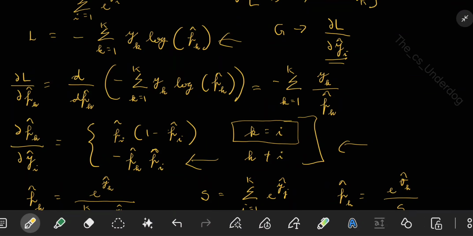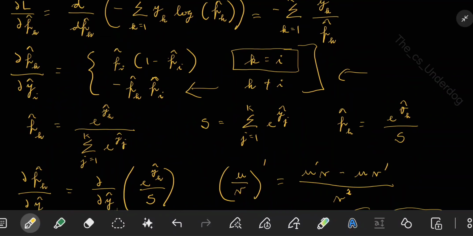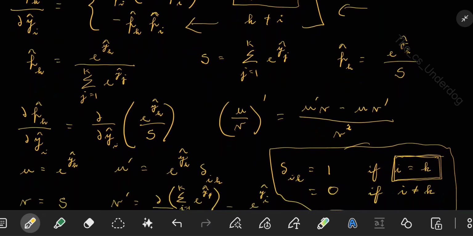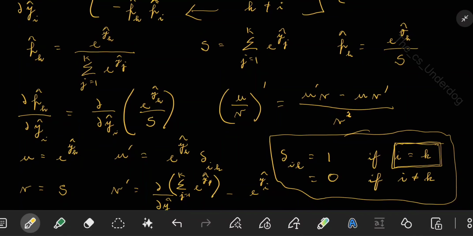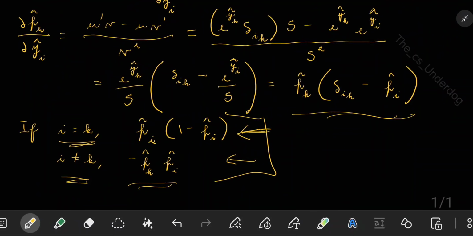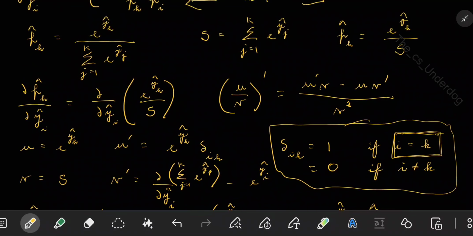We told that in order to find del L by del y cap, we first need to do del L by del pk cap, and then we'll do del pk cap by del yi cap. This is how we said we'll solve. What we'll do is we'll erase these things off. So if you want to take a note, you can take a note. I'm going to erase all these things off. Okay. By erasing, we'll then start fresh with the remaining part of our work.